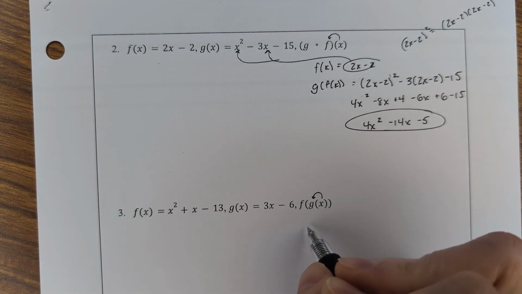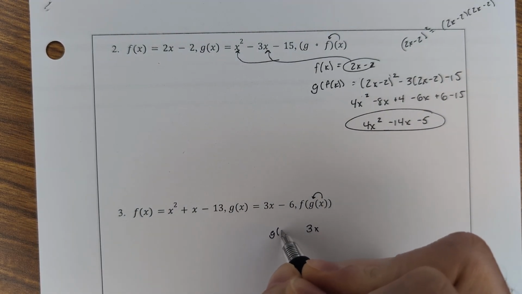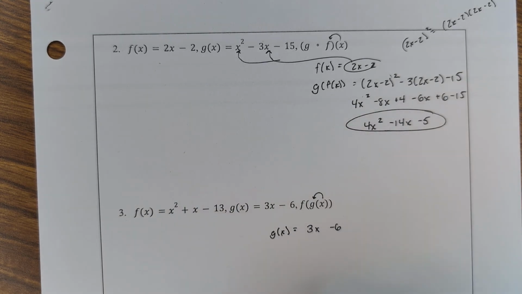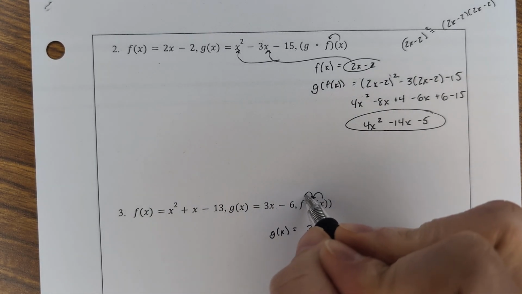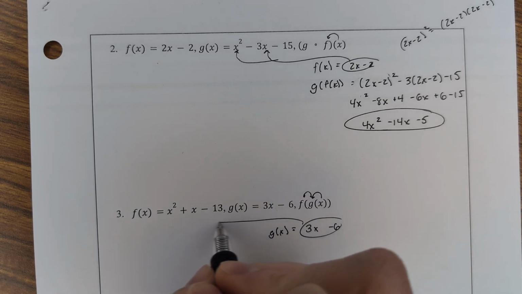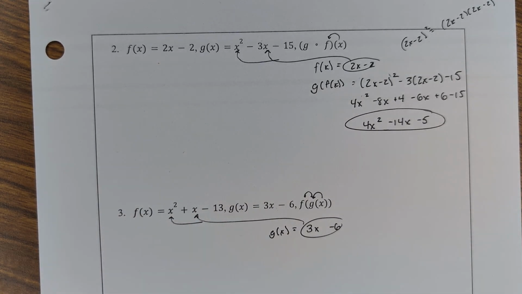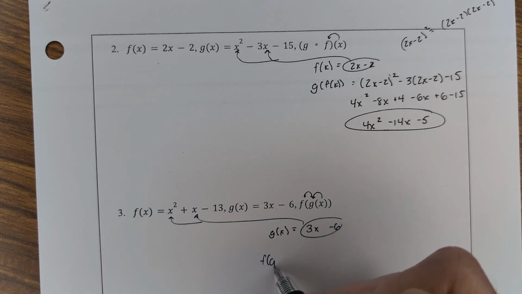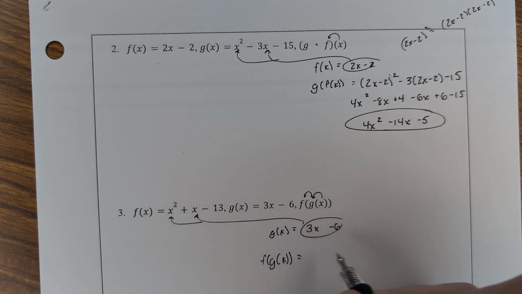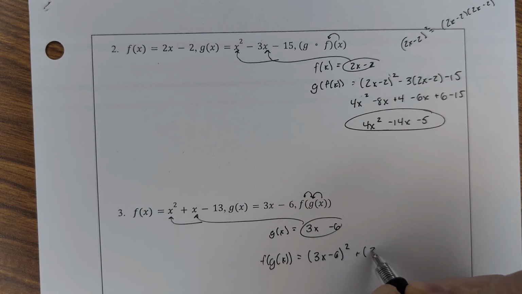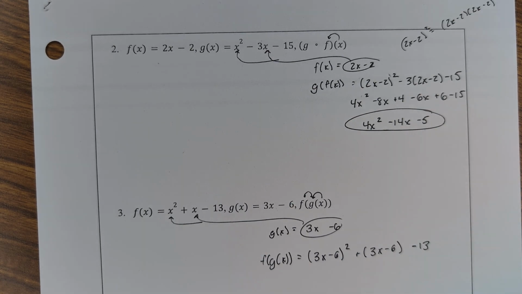All right, last one. x into g. g of x is just 3x minus 6, the original g equation, and that goes into f. So that replaces both of those x's. So f of g of x is (3x minus 6) squared plus (3x minus 6) minus 13.